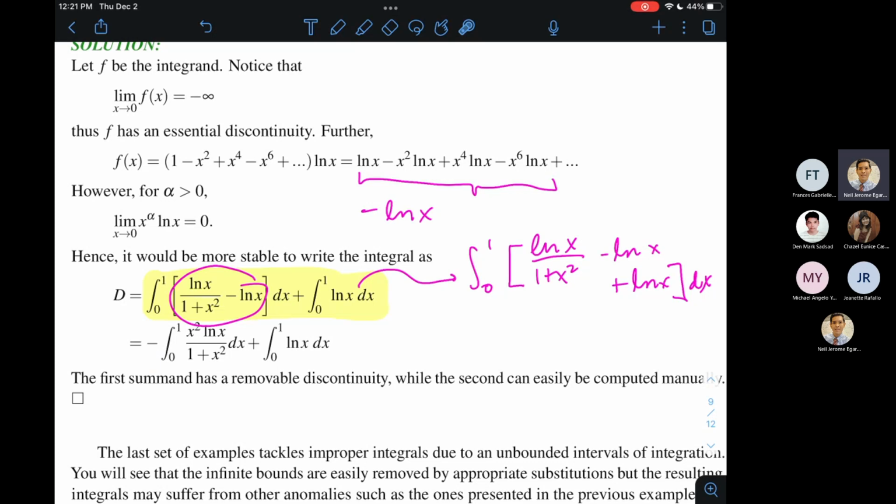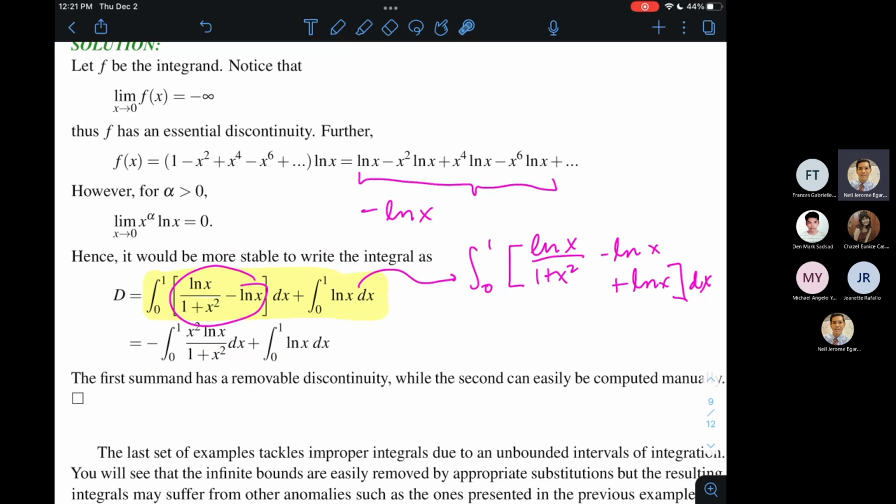Kasi when I was teaching this, before I left for my PhD, parang napaka-superficial naman ito. Saan ko to gagamitin? Alright? Pero when I took a course in electrical engineering during my PhD studies, tapos kailangan namin mag-evaluate ng mga integrals. So dun sa pag-i-integrate, nagkaroon doon ng mga essential discontinuity o ang tawag doon ay mga singularities.